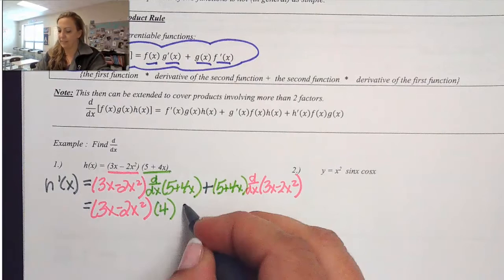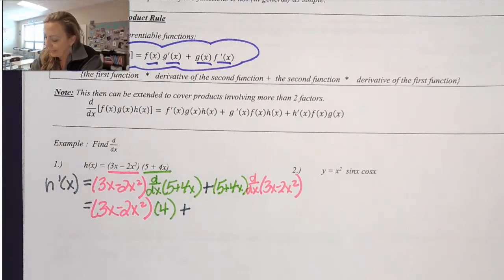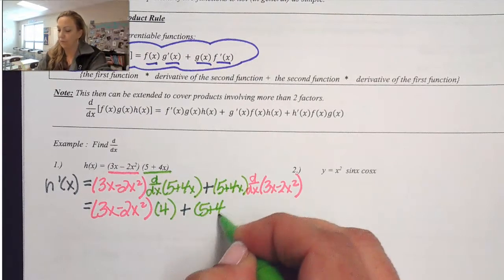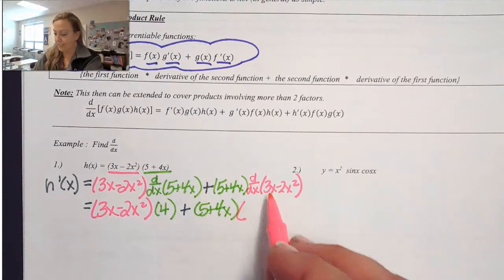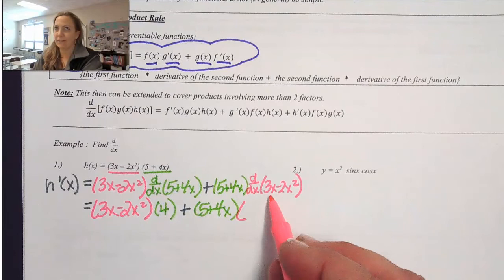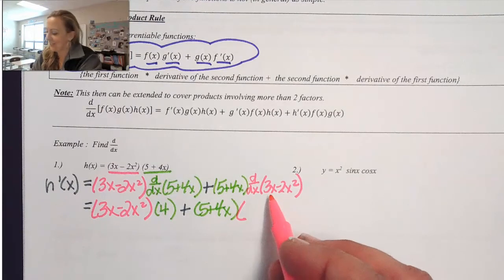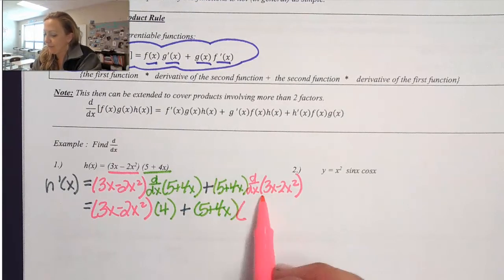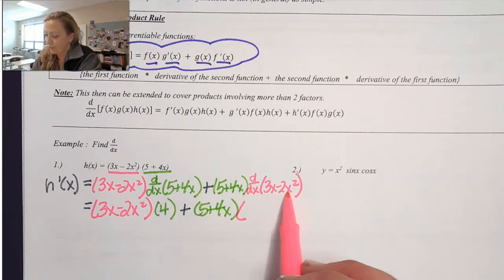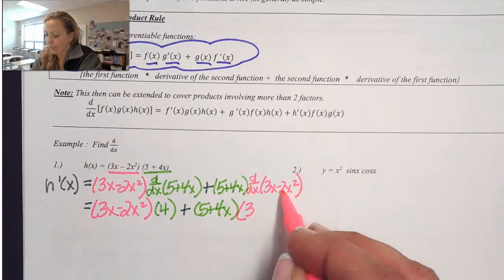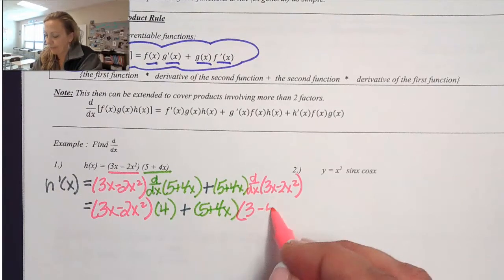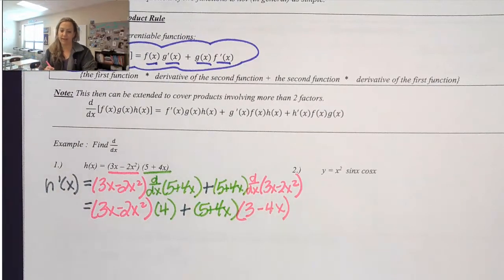Now I have plus, and now I'm going to take the second function, 5 plus 4x, and multiply by the derivative of the first function. The derivative of 3x minus 2x squared would just be 3 minus 2 times 2x to the first, so minus 4x. Okay.